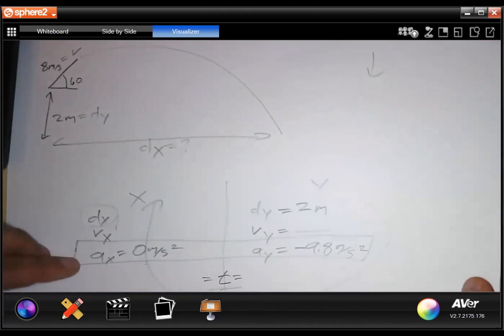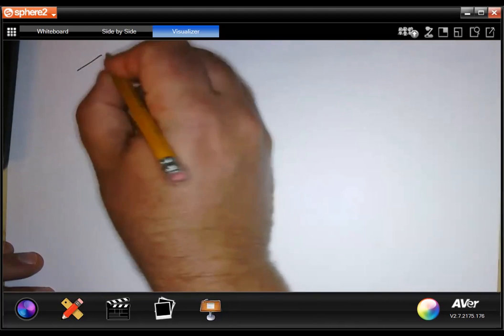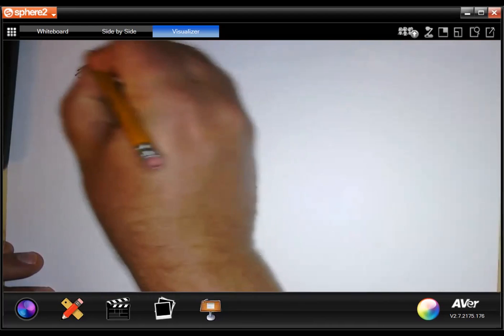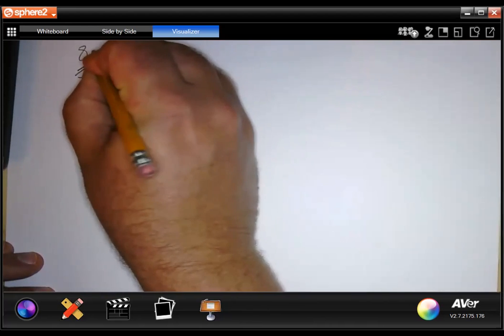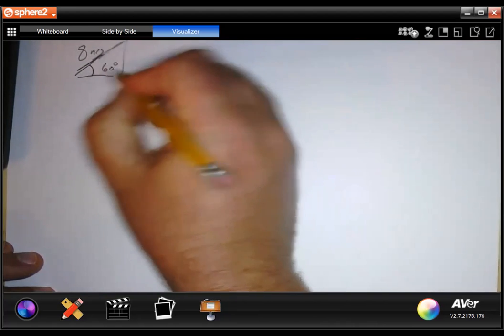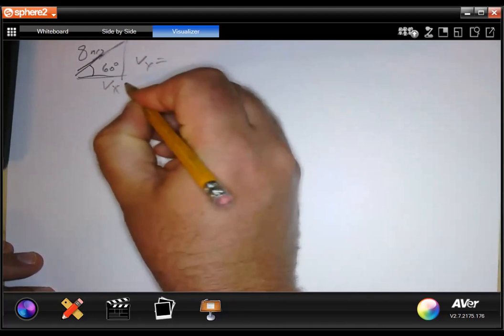This is kind of our setup, and we'll keep coming back to this one. What we want to figure out is, if 60 degrees and 8 meters per second is our triangle here, then we can figure out our Vy and our Vx.